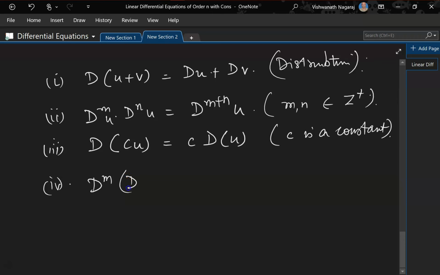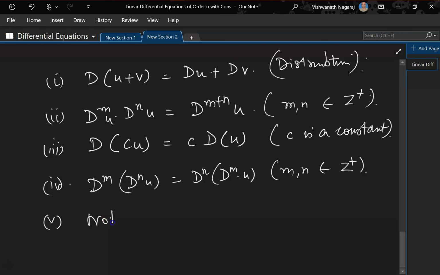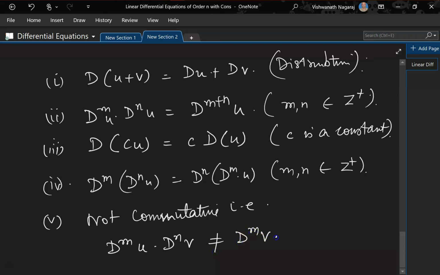Fourth one: D^m D^n u is equal to D^n D^m u. Again here m and n belong to positive integers. Very importantly, it is not commutative with respect to different functions. That is, D^m u times D^n v is not equal to D^m v times D^n u.